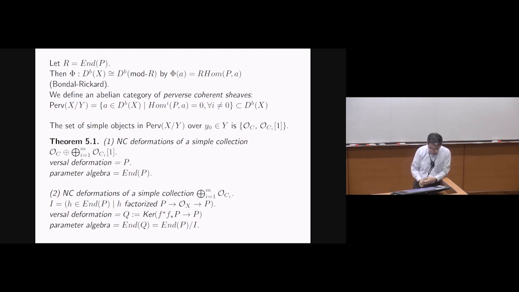And the parameter algebra is the endomorphism algebra of Q, because it's a simple collection, and this is given by the quotient of the endomorphism algebra divided by I. For example, in the case of a flopping contraction of a threefold, this is the so-called contraction algebra of Donovan and Wemyss.